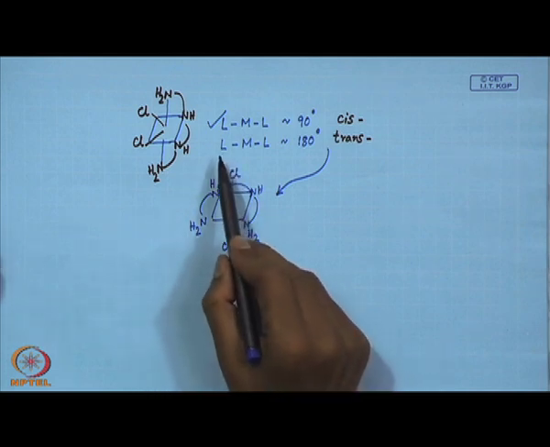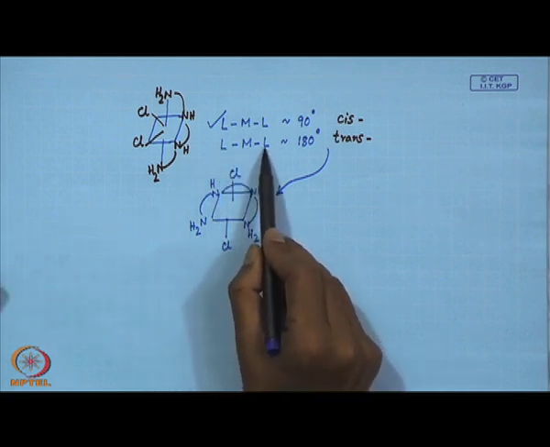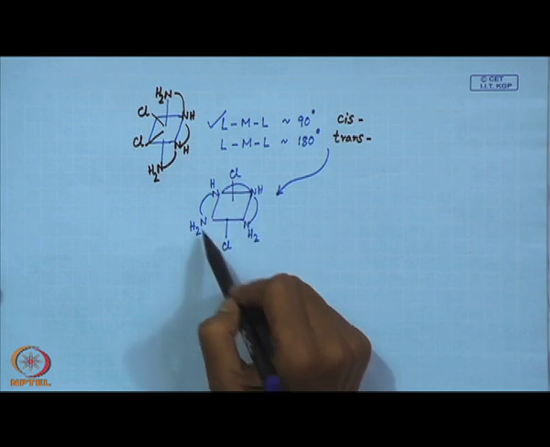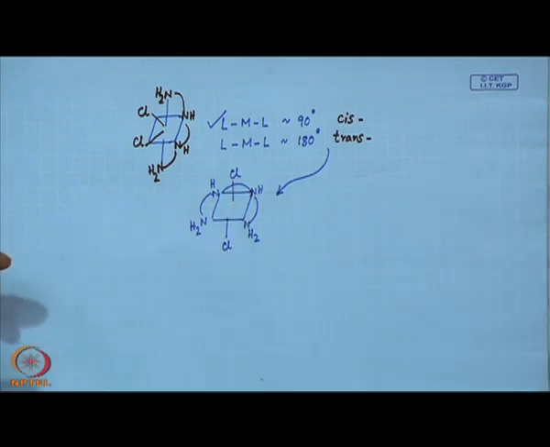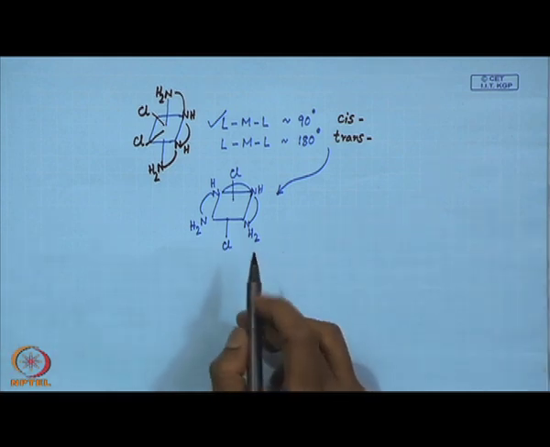So, we are focusing our attention on the Cl-metal-Cl bond angle, and we get two different types of arrangement. In case of octahedral compounds also, like that of cisplatin, we will consider the corresponding cis variety as well as the trans variety.